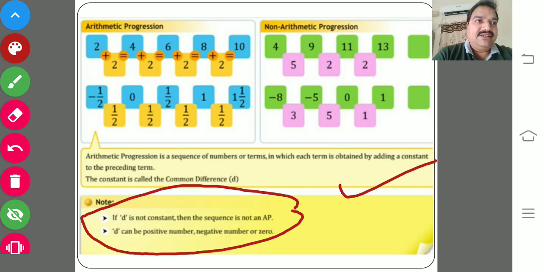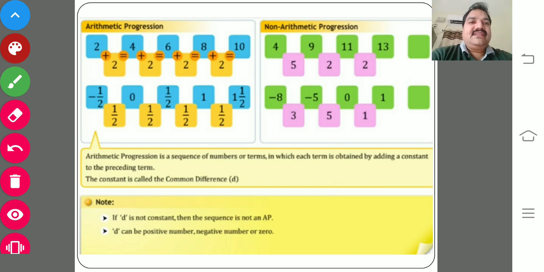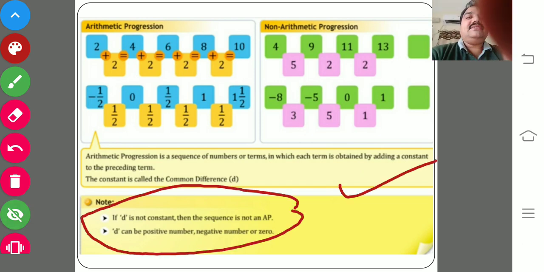It may be a sequence, but it's not an arithmetic progression. Am I right? And D can be a positive number, a negative number, or even 0. That's it, children. Once again, an arithmetic progression is a sequence of numbers or terms in which each term is obtained by adding a constant to the preceding term. I hope you could understand.